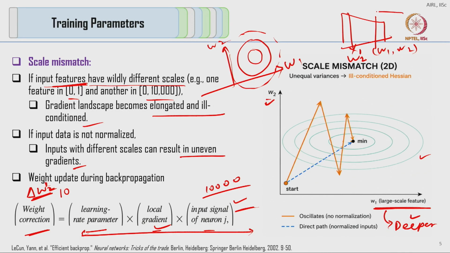I know that the gradient flow would be in this manner. If the scale of W1 is too high, then delta W2 dash, given by this equation, would also not respect the scale. The local gradient influenced by W1 would be very high, and hence there is a scale mismatch. The scale mismatch is there even while training the model, so even in the learning algorithm, this has an influence.